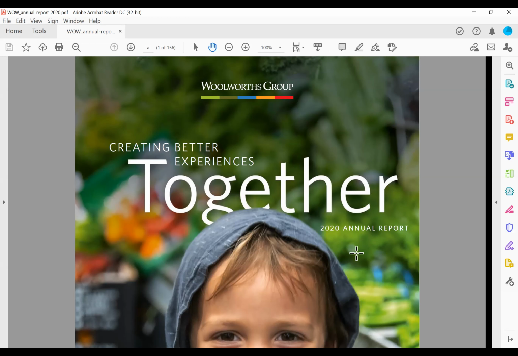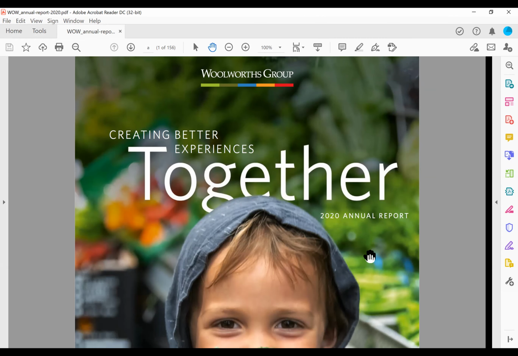And then it takes a few months for it to actually be published. So a lot of annual reports, even though the ending date is June the 30th, often we don't see them published until September of that year. So the 2021 report is not published yet. So the 2020 annual report is the most recent one.